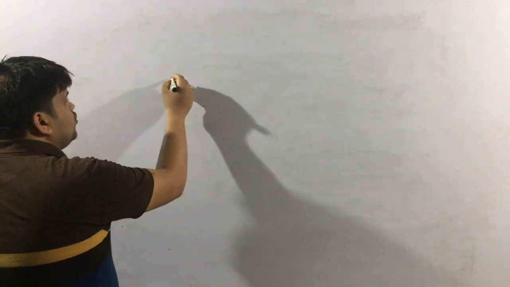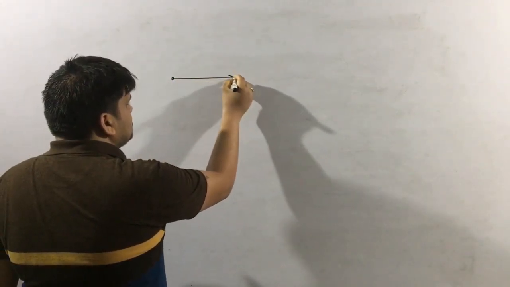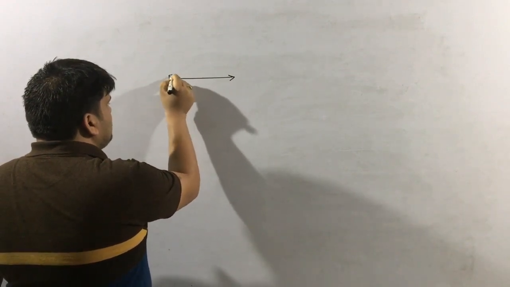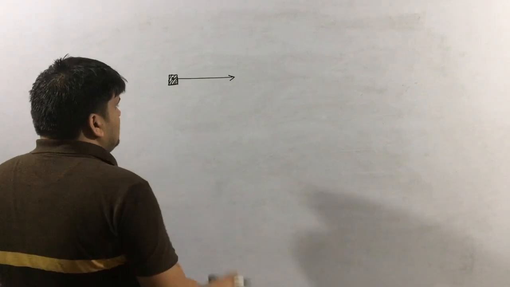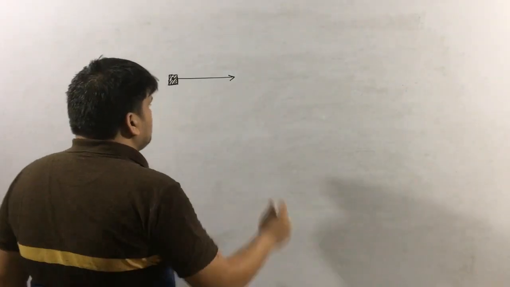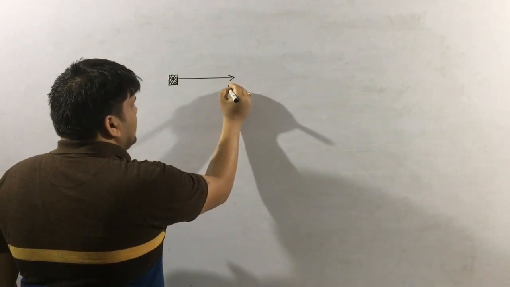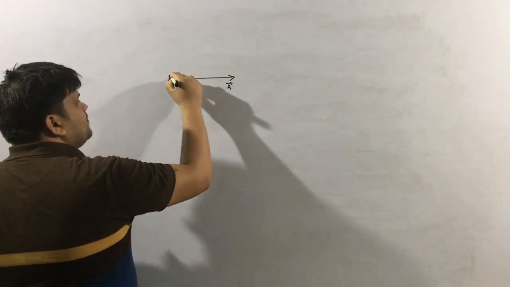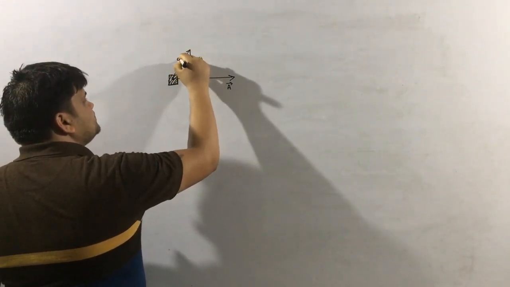Before coming to the analytical method, let me tell you what is given and what is asked. Accordingly we can do the calculations. What is given? It is given that there are two forces acting on an object, or there are two vectors. For example, I am saying forces every time, but this is applicable for any vector. Let there be two forces acting on an object. Let A be a vector applied, and there is another vector B applied along this direction.